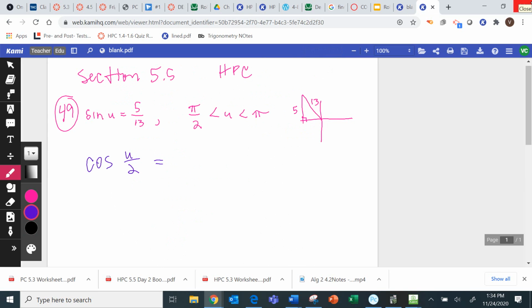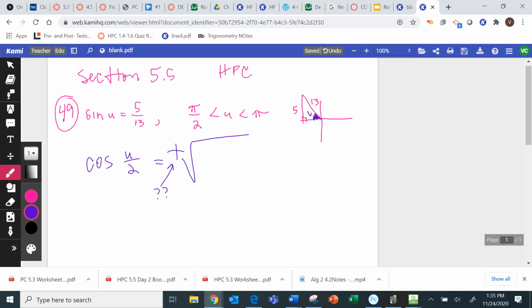And then section 5.5, same section, number 49, and I know 51 is another one. I had a lot of questions about why my cosine answer is positive in my answer key. Because in the second quadrant, isn't cosine negative?